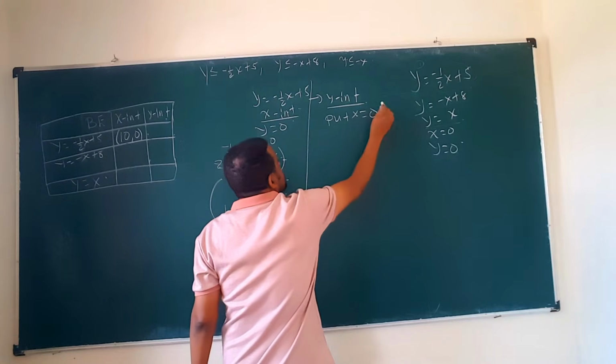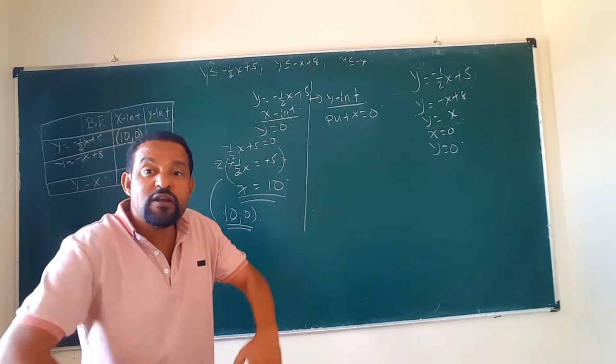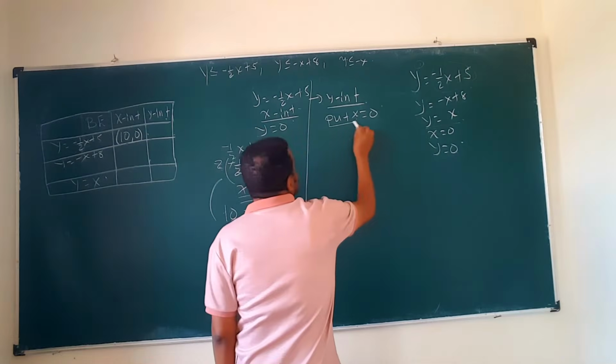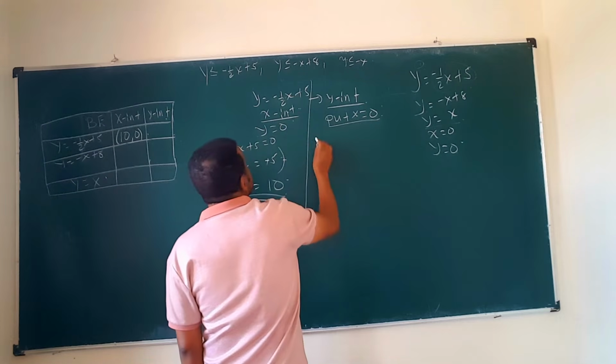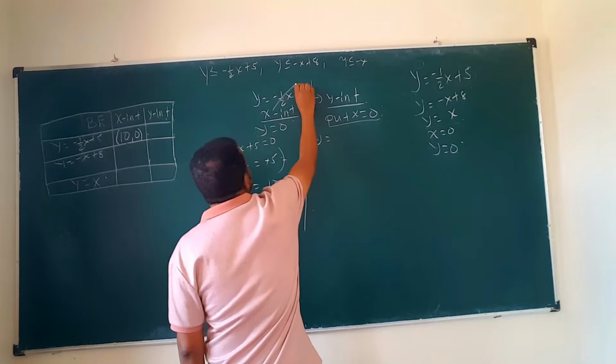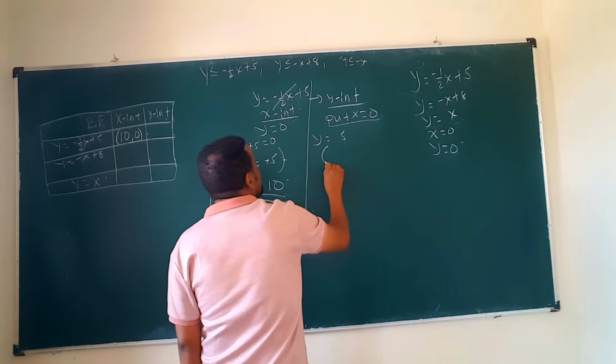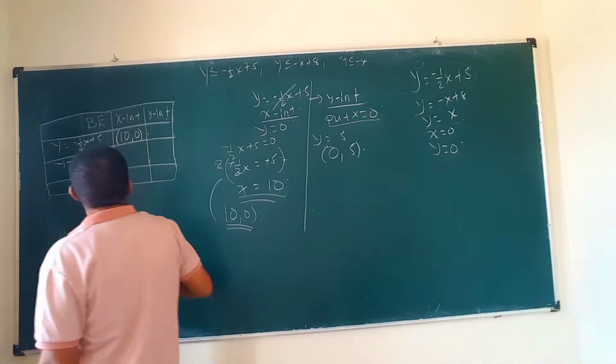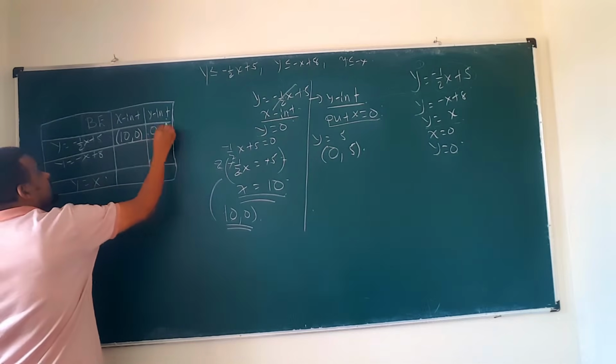Put x is equal to 0. To get the y intercept we always set x to 0. Putting x as 0, y is equal to 5. So our y intercept is what? (0, 5).